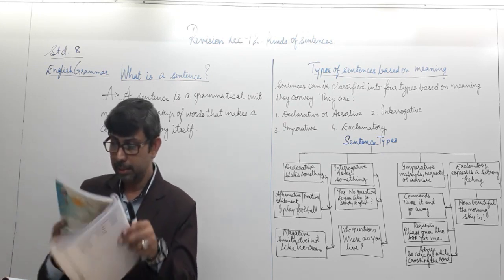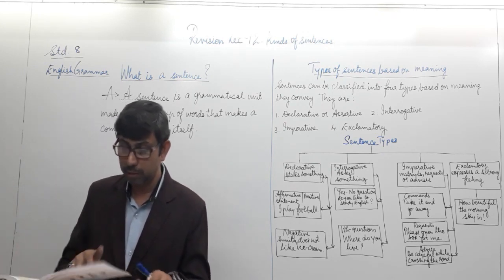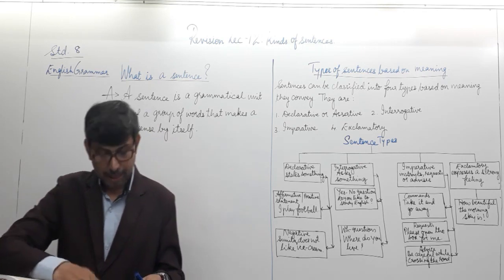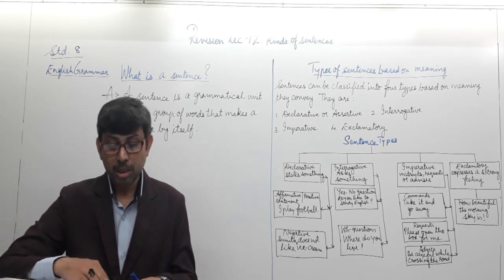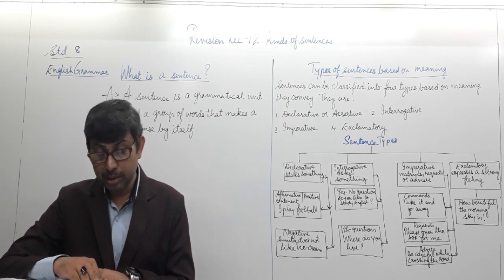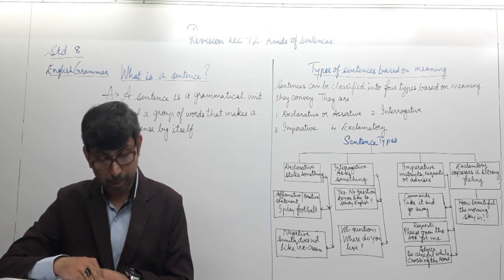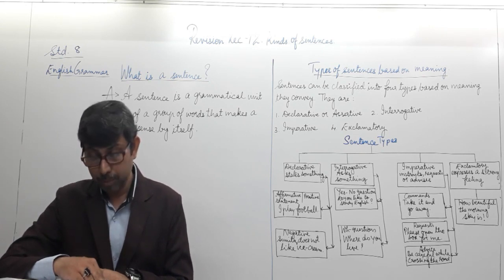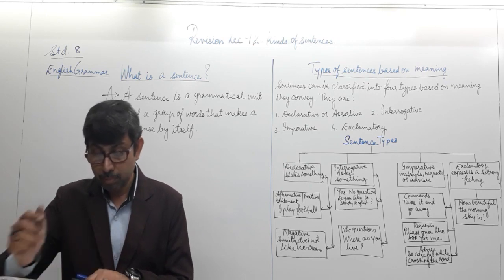Well, let's move ahead and see the other things that we need to revise. We've been given an exercise on page number 58 where we've been asked, at the end of each of the following sentences, to put an appropriate punctuation mark, a full stop, a question mark or an exclamation mark, in the brackets.